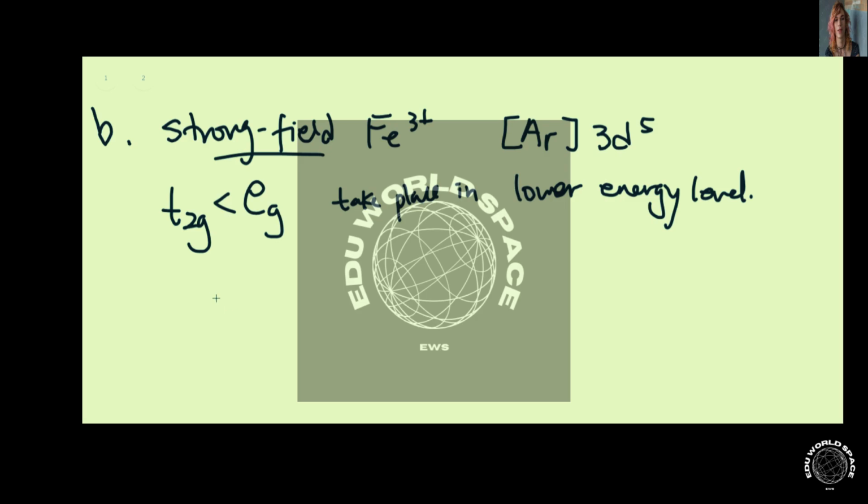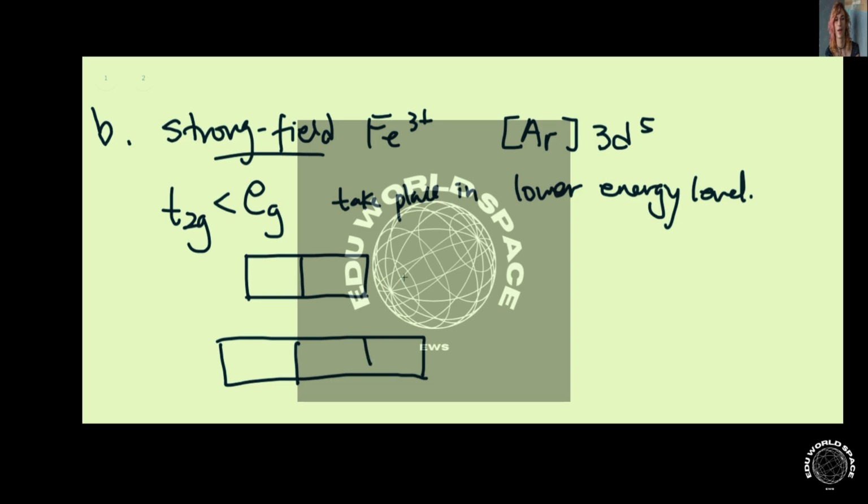So the crystal field splitting diagram in this case has Eg and T2g, and we have the 5 electrons, 1, 2, 3, 4, 5. So compared to the choices 1, 2, 3, 4, we can see that this is the same as option 1. So the correct option for part B is number 1.